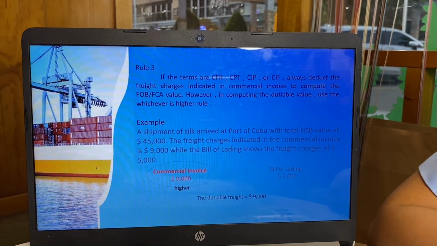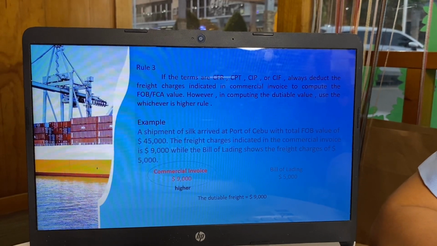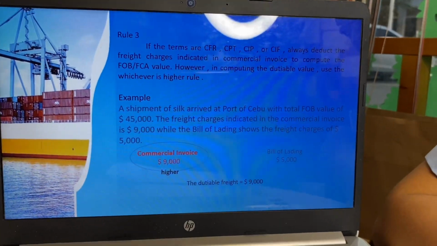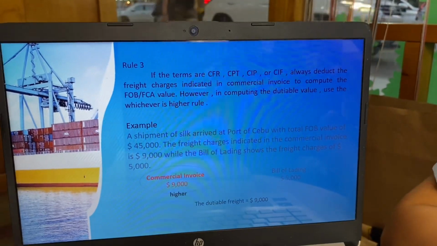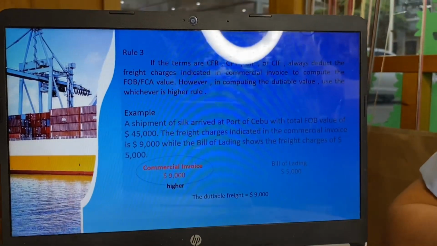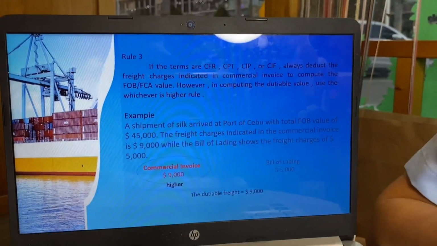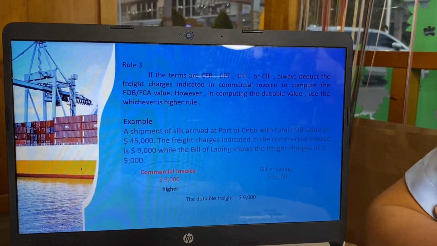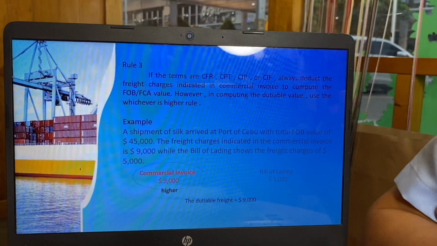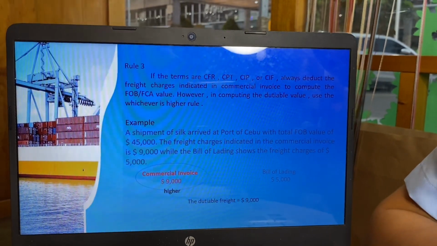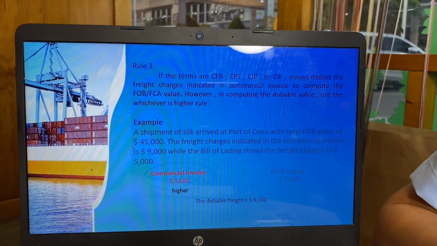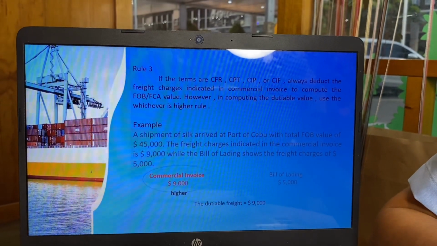Rule number 3 says that we always deduct the freight charges indicated in the commercial invoice, whether it is higher or not. So for example number 3, a shipment of silk arrived at Port of Cebu with a total FOB value of 45,000 US dollars. The freight charges indicated in the commercial invoice is 9,000, while the bill of lading shows freight charges of 5,000.